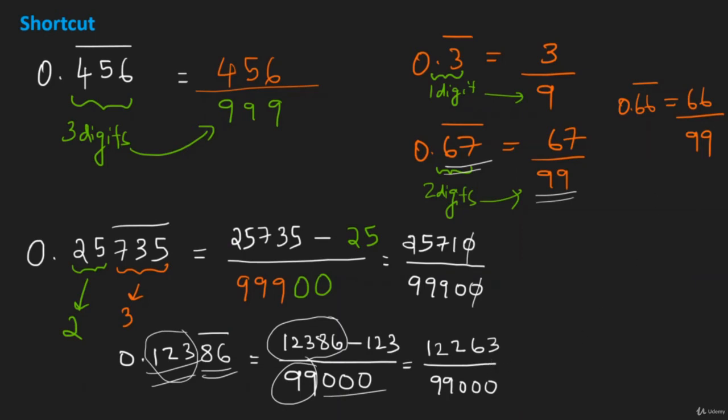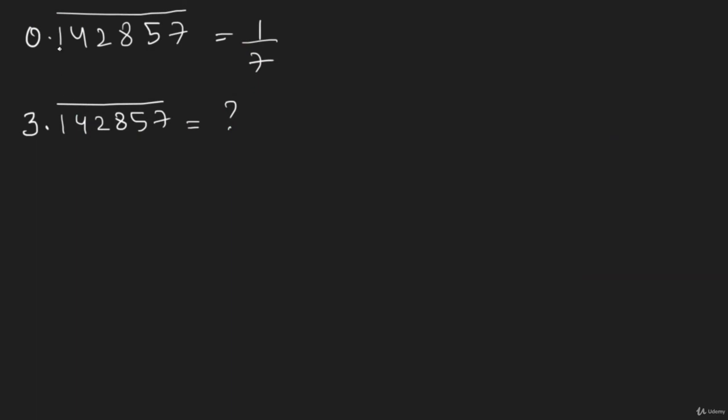Now in all these sections we have seen numbers that started with 0 point, right? In all these problems, let's see a number that does not start with 0 point something. Say we know that 0.142857 bar is equal to 1 by 7. How do we find 3.142857 with a bar over here?